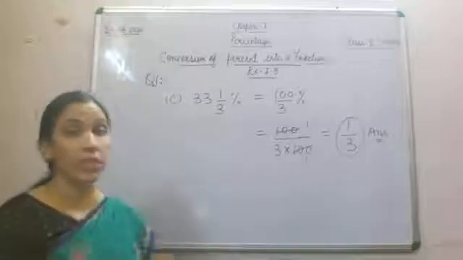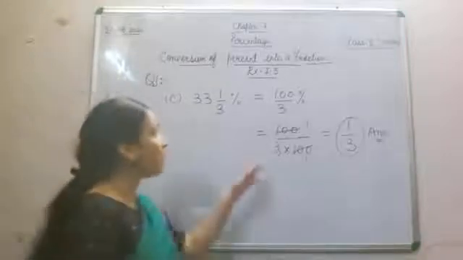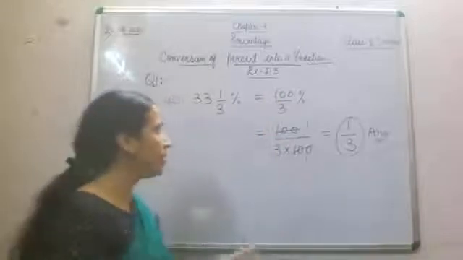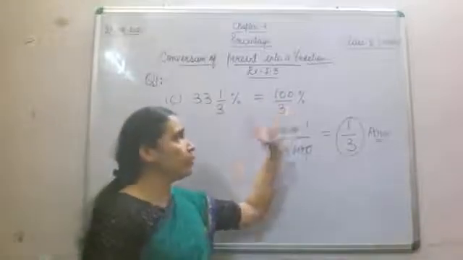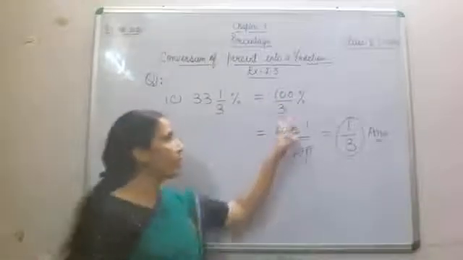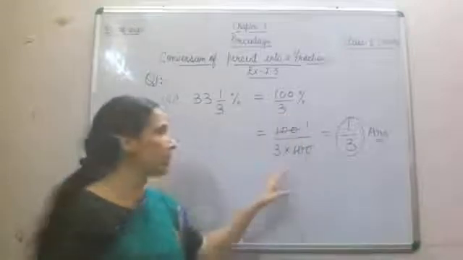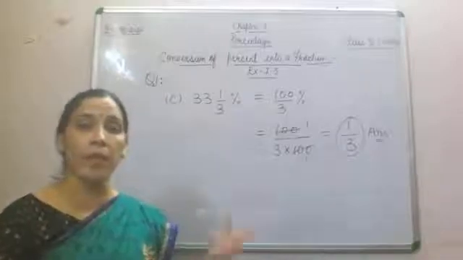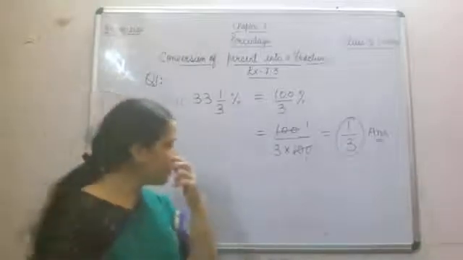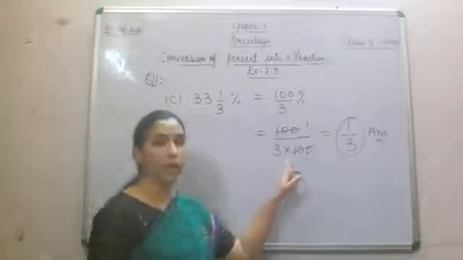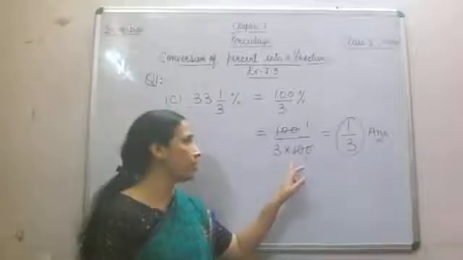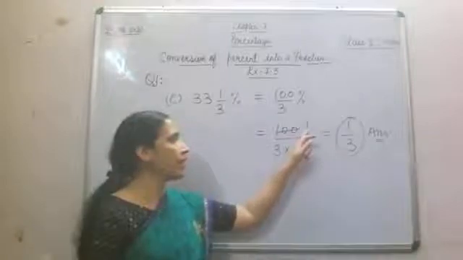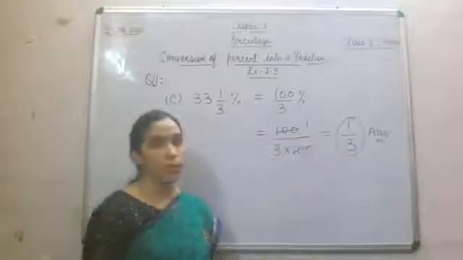Improper fractions are those fractions in which the numerator is greater than the denominator. So after writing it in improper fraction form, we'll remove this percent and multiply 100 in the denominator. It means percent means 1 by 100 will be multiplied by the given fraction. So here 100 can be reduced with this 100 and we will get 1 by 3.